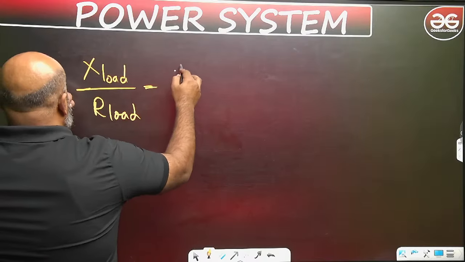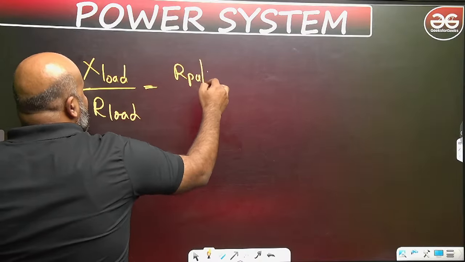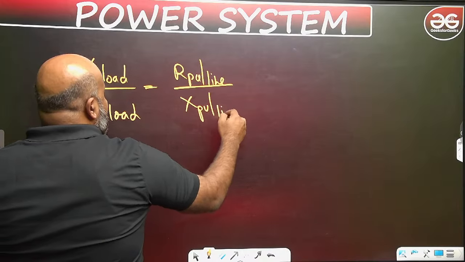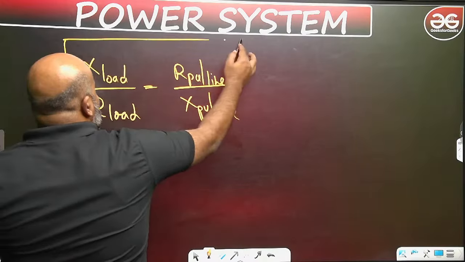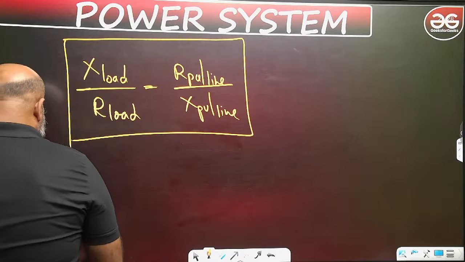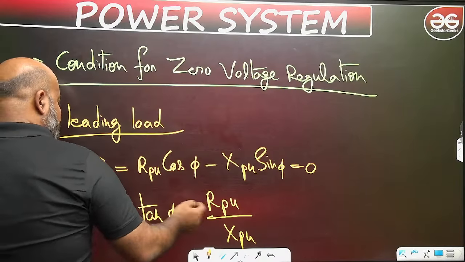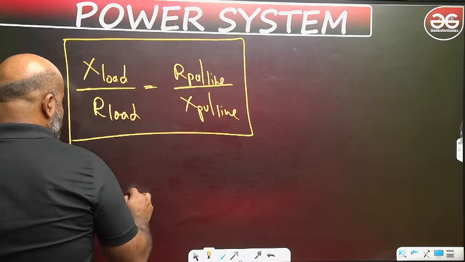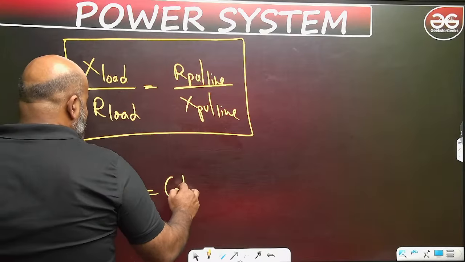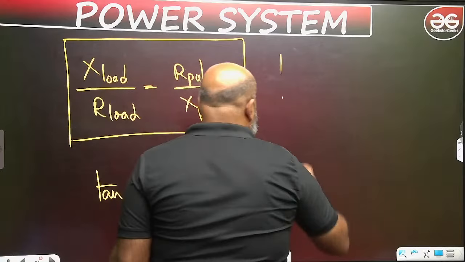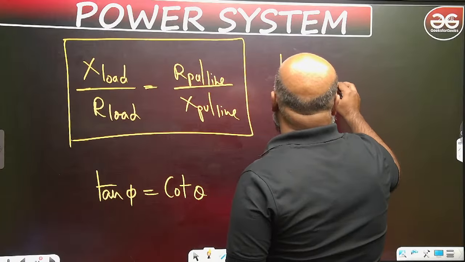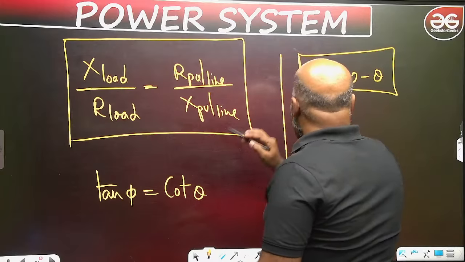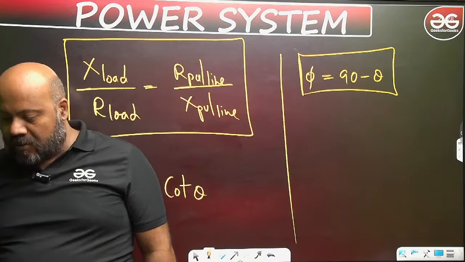So this is equal to R per unit of the line upon X per unit of the line. Either you can write it this way, or tan phi is equal to cot theta, or you can write phi is equal to 90 minus theta.